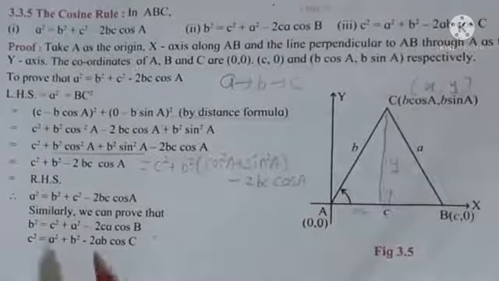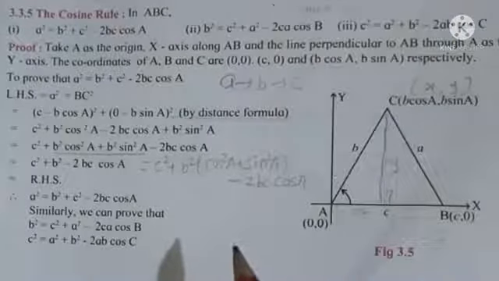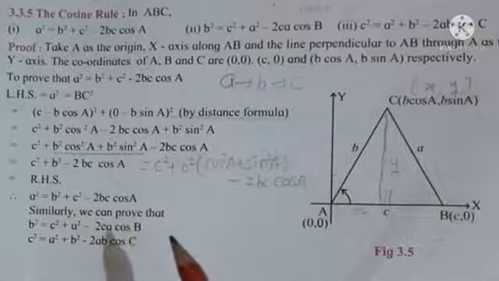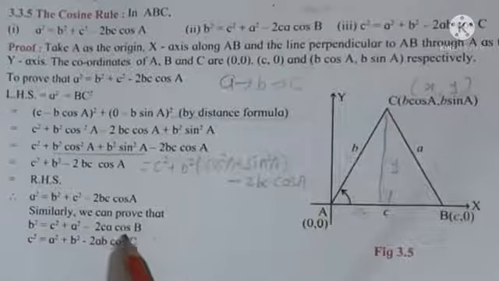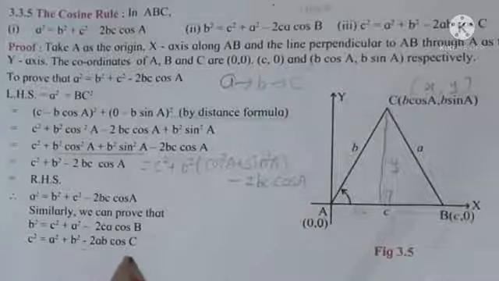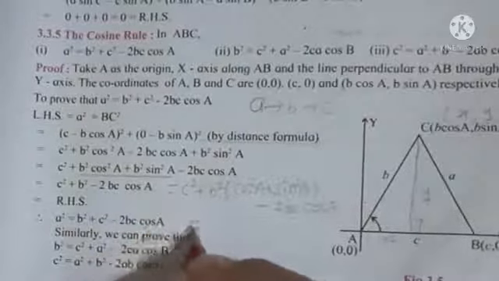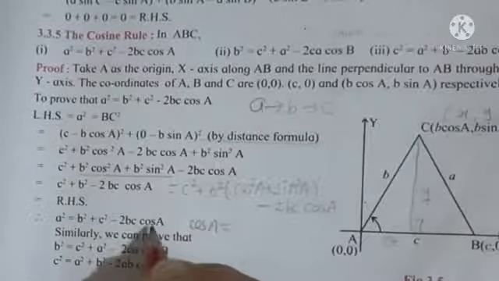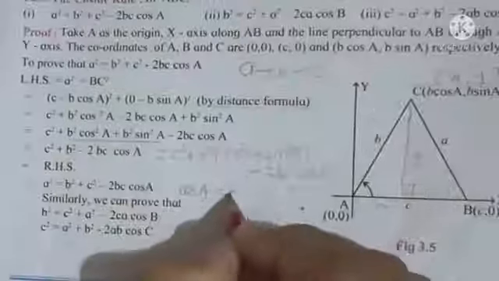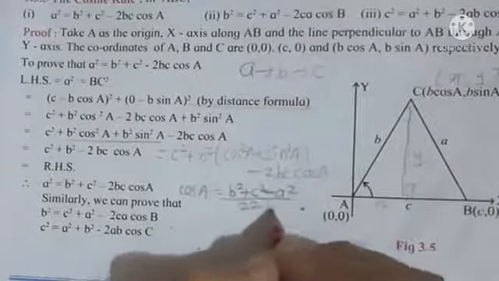So you remember the cosine rule statement. In triangle ABC, a square is equal to b square plus c square minus 2bc cos A, and b square is equal to c square plus a square minus 2ca cos B. c square is equal to a square plus b square minus 2ab cos C. From this you can write cos A. What is the value of cos A? b square plus c square minus a square upon 2bc.